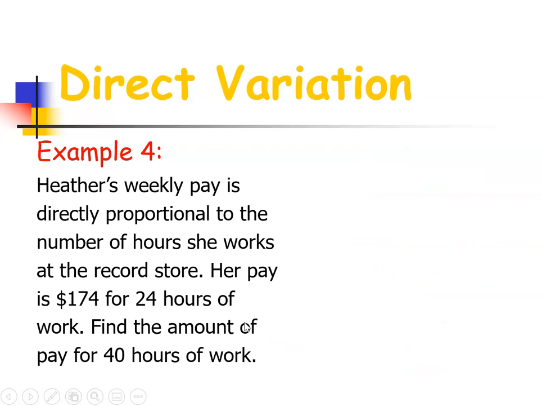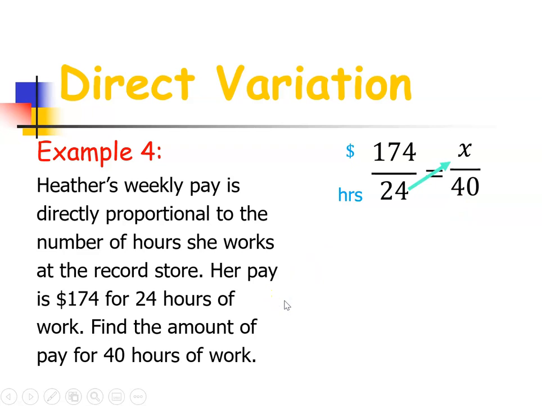We have a few word problems, and then that's it for this. Heather's weekly pay is directly proportional to the number of hours she works at the record store. Her pay is $174 for 24 hours. So I put the amount over hours, just listed how it was written in here. Find the amount of pay for 40 hours. So we're looking for x over 40, the money amount over 40 hours.